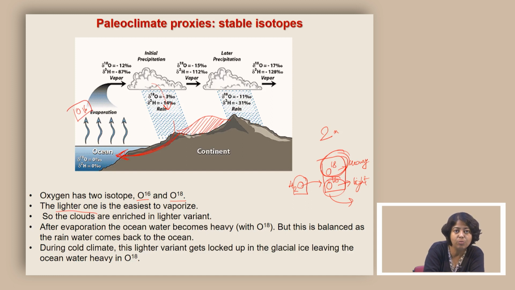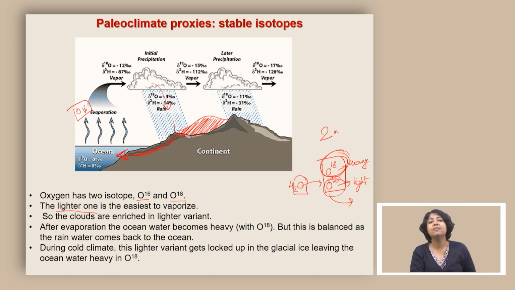So, as a result, what will happen? The ocean water will have more proportion of O18 during the times when there are lots of ice on the continent compared to the times when there was no ice on the continent.